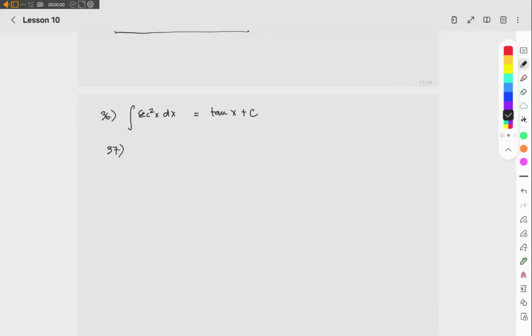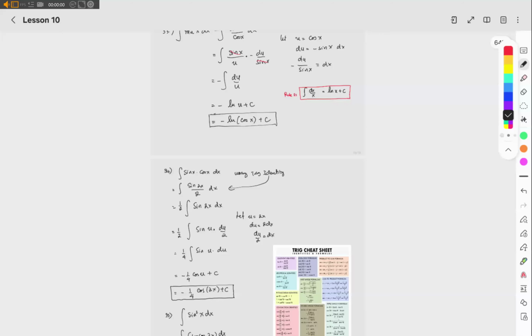All right. Now, what about this one? What about the integral of secant of x times tangent of x dx? How do you solve this? Let's go back to rule number 4.